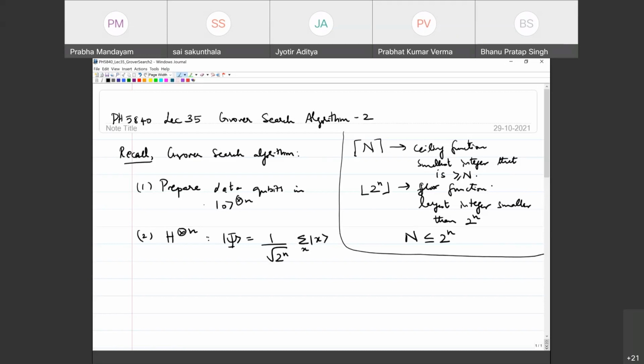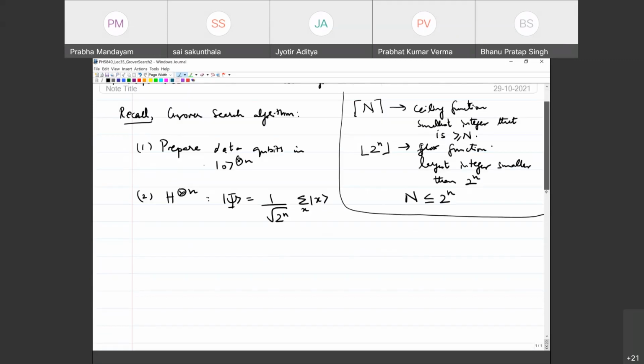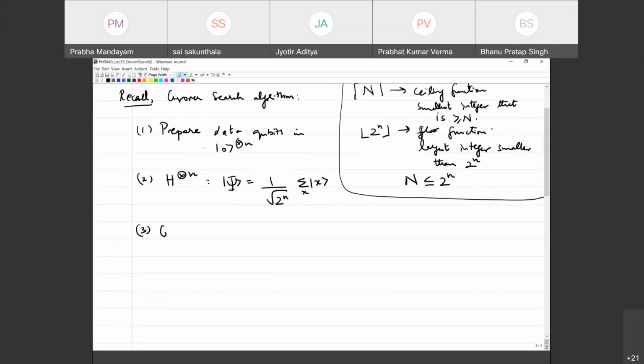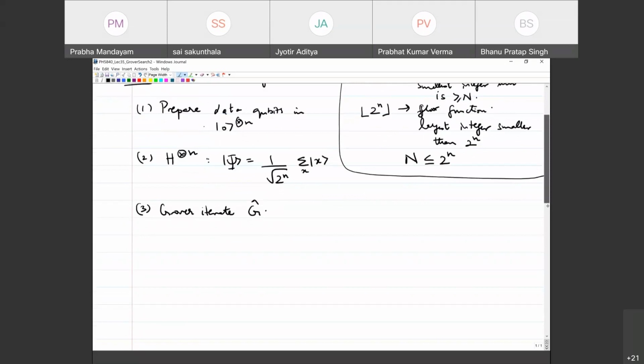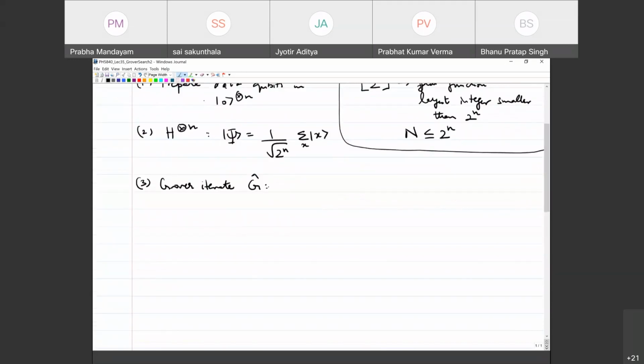And then comes the Grover iterate, G, right? And recall that G itself is composed of these various steps. So what we call G, this box, has n data qubits, and it has some ancilla qubits.